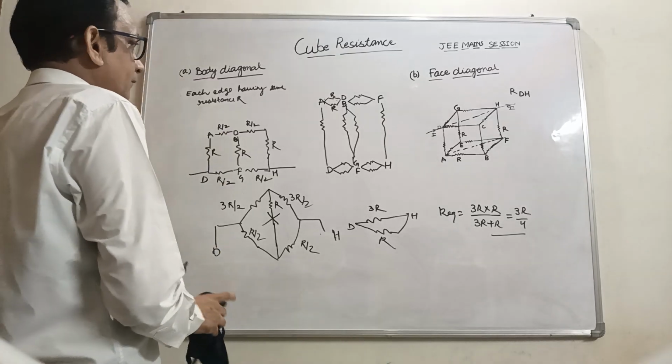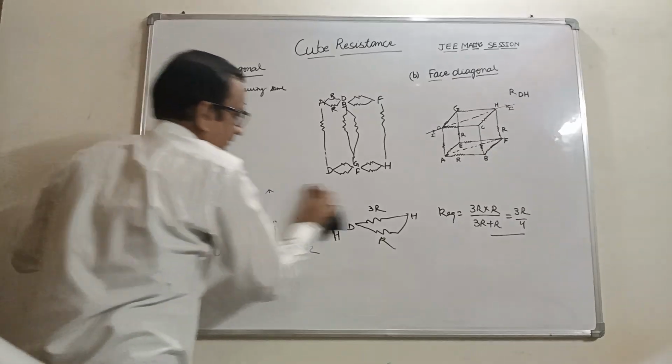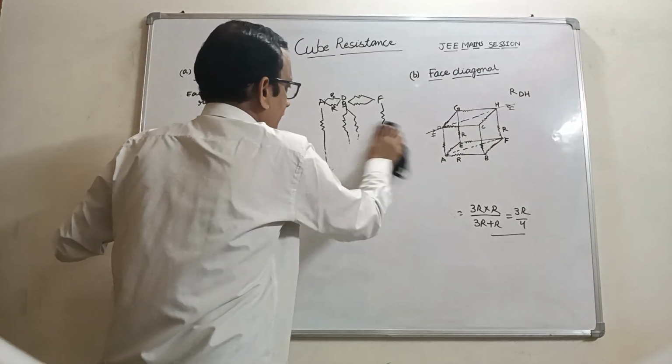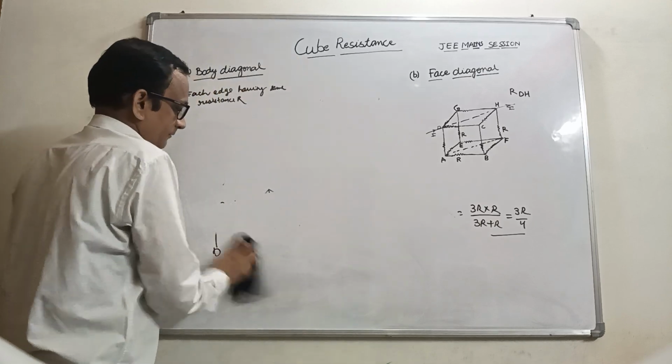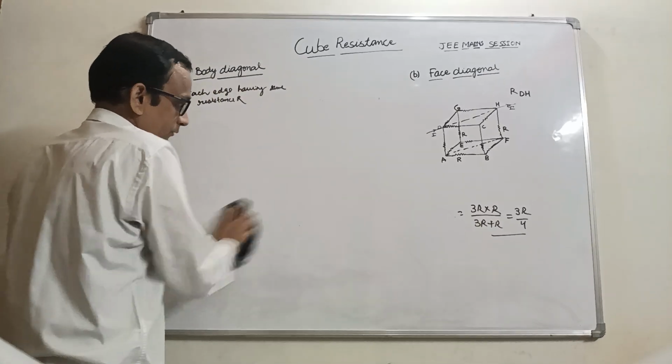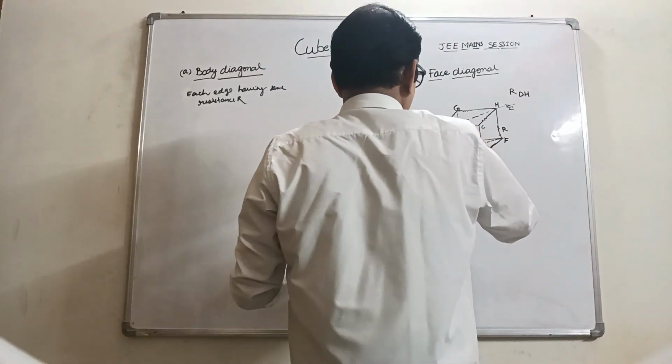And now we have to calculate the equivalent resistance across the edge. Edge, not diagonal. So select any edge; suppose AB is the edge.